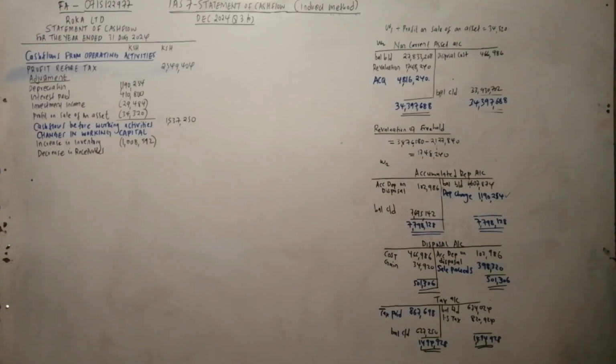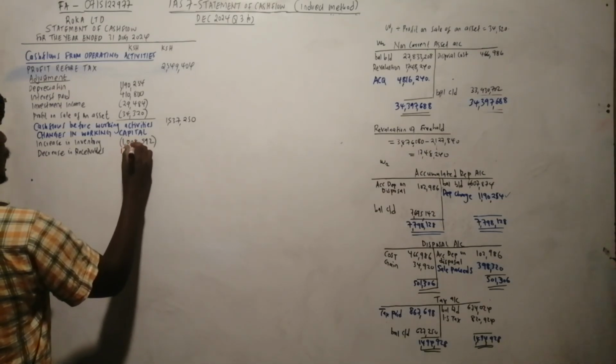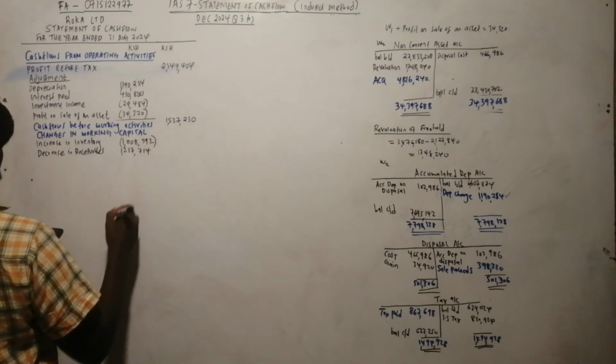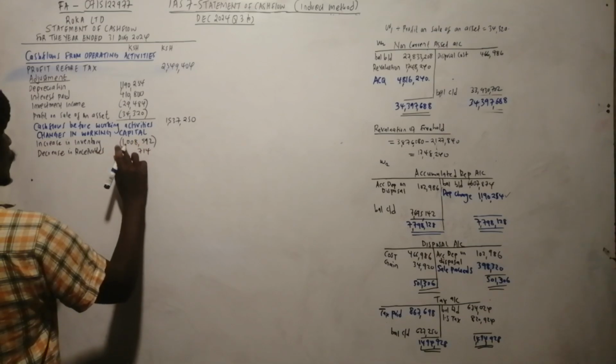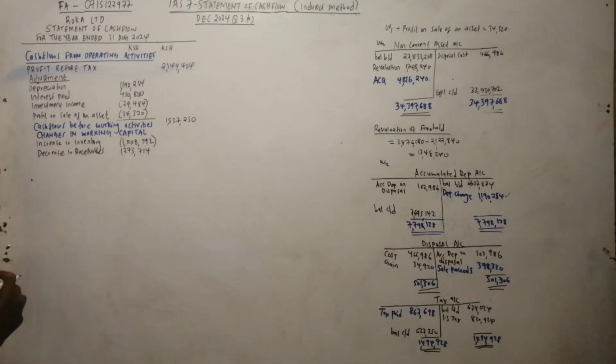So ni 4504,864 minus 3231,150. Natupatia 1273,714. So we add it.